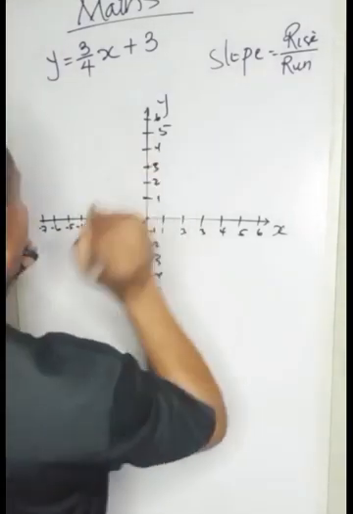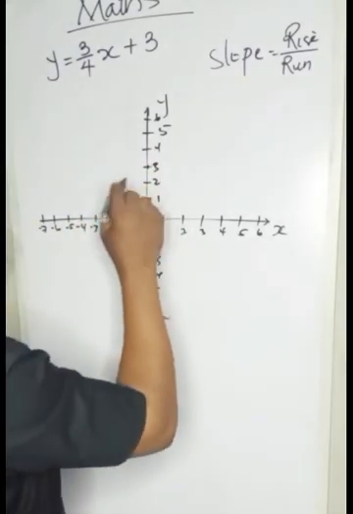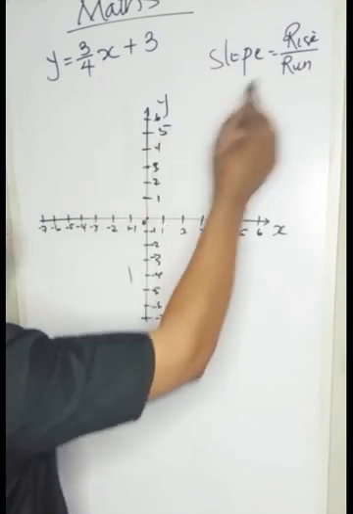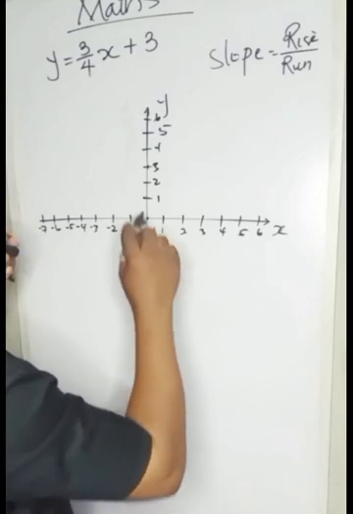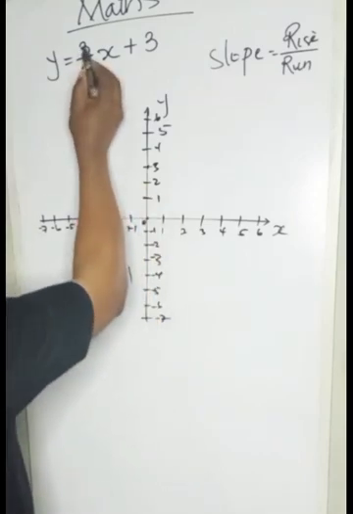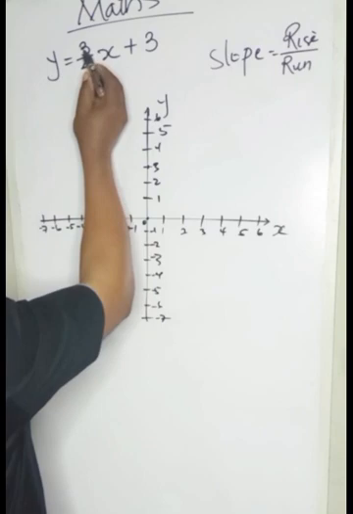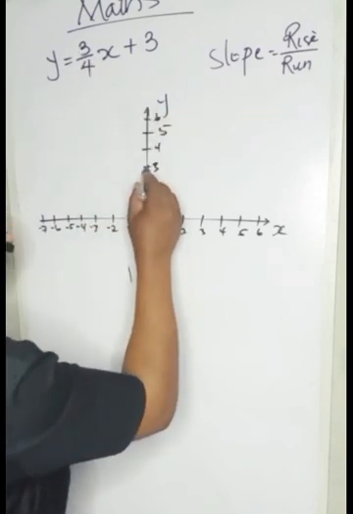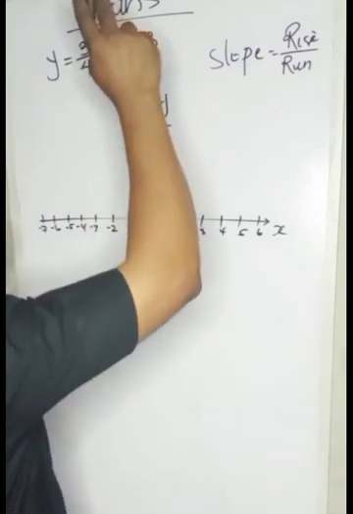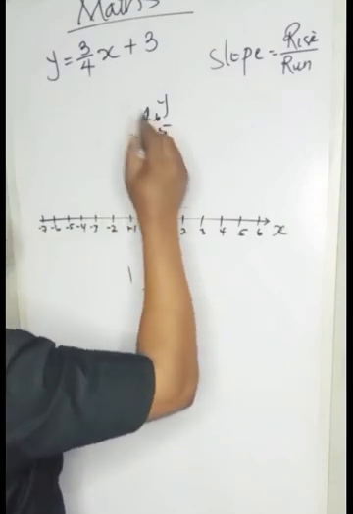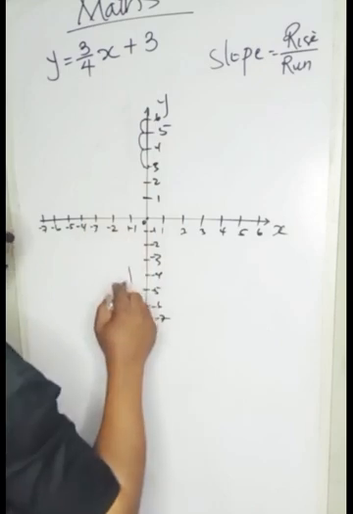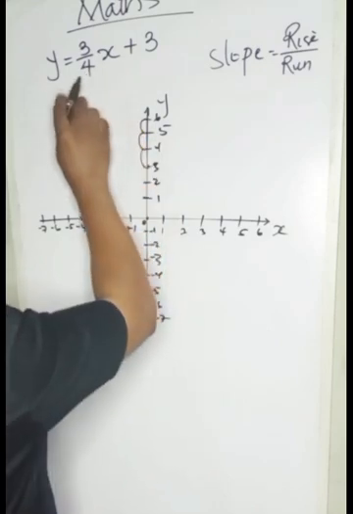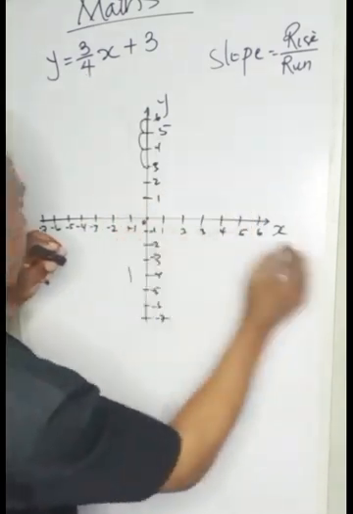Now, we know also that the slope is rise over run, right? So our rise now is what? This is the slope now. The rise is 3, right? So I'm going to go from this point of intersection up along the y-axis 3 times. So I'm going to go 1, 2, 3. Then the number below is the run, which is along the x-axis.